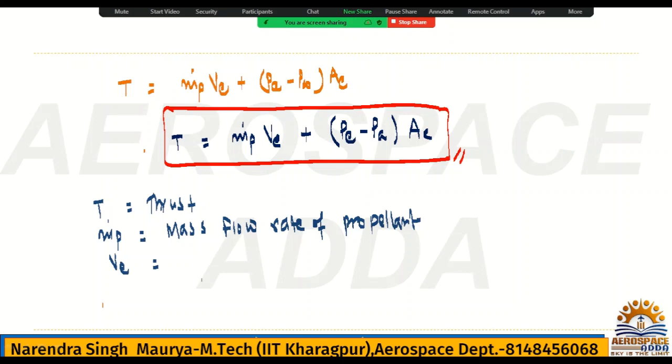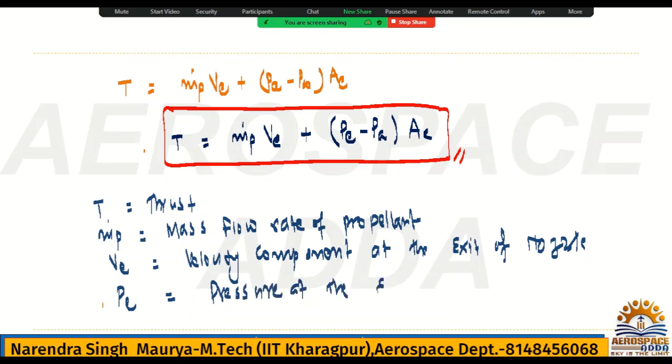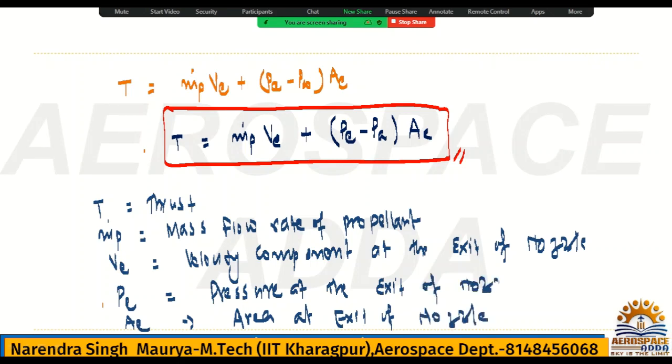Ve is the velocity at the exit of the nozzle. Pe is the pressure, Ae is the exit area at the exit of the nozzle, and Pa is the atmospheric pressure, or ambient pressure.